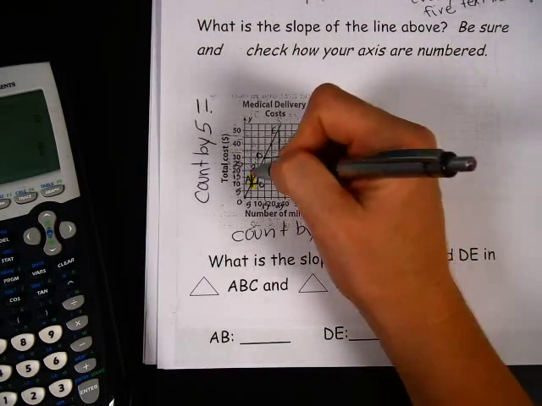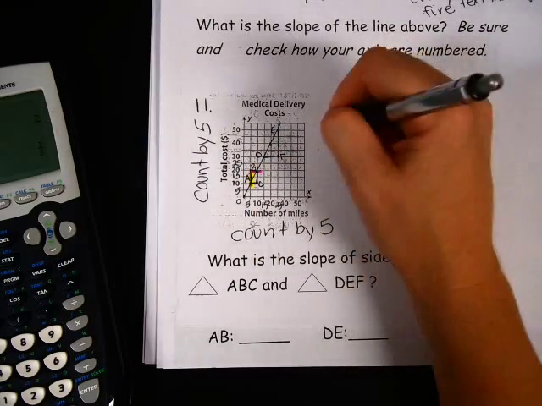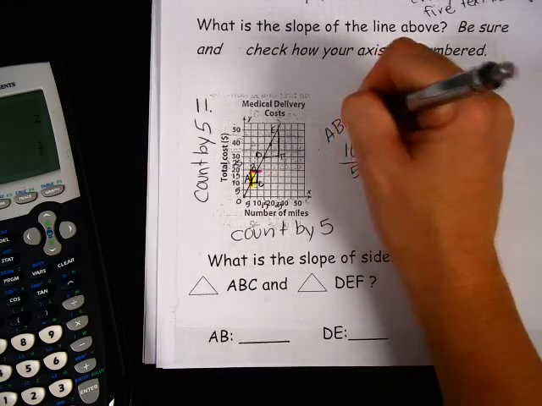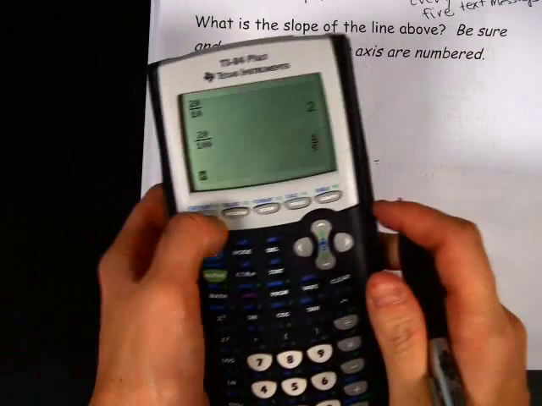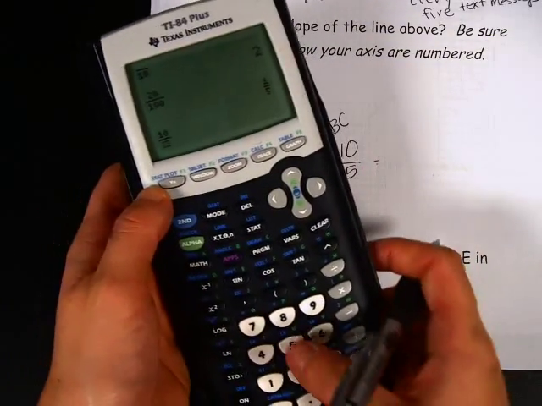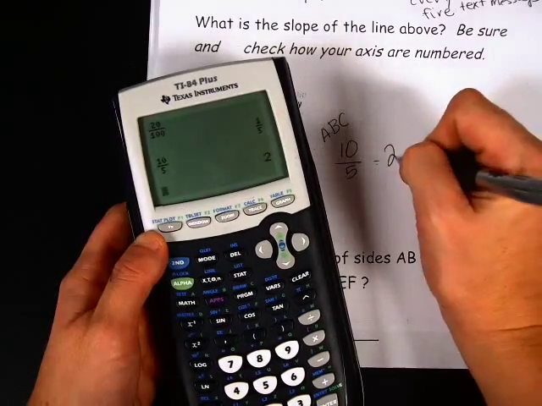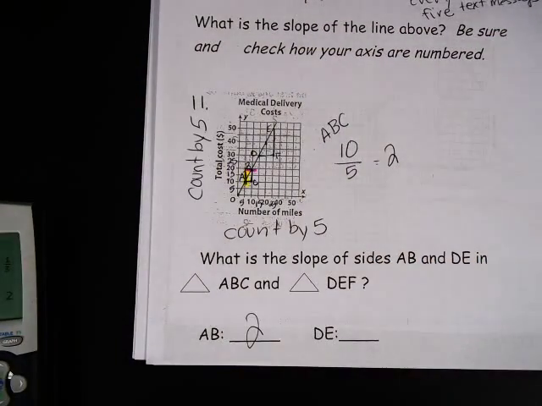So I count by 5, 10, and I run 5. This is for A, B, C. Alright, put it in your calculator. 10 over 5, and you get 2. So the slope of AB is 2.